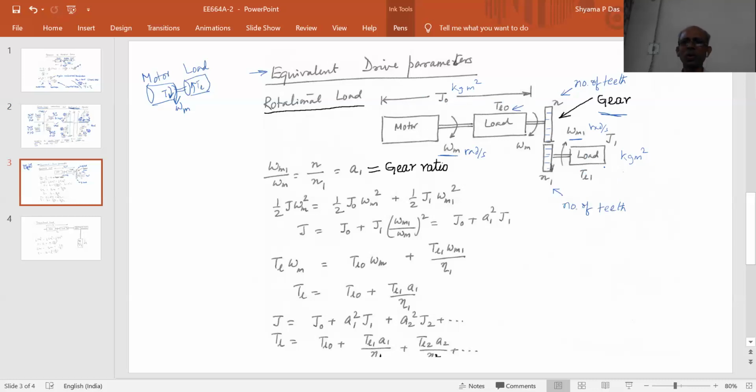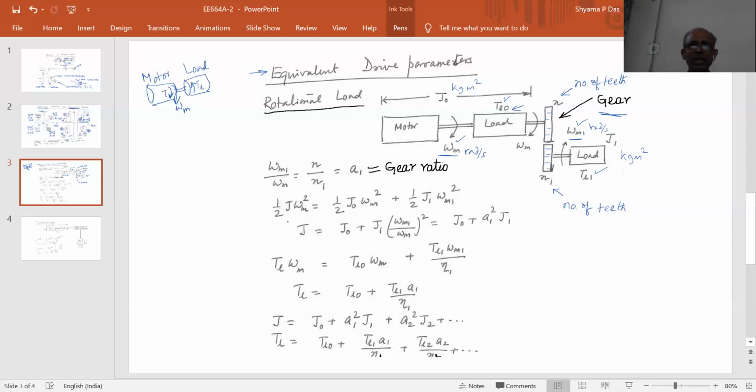Now, the motor is driving the load TL0 and also driving this load TL1, and the two speeds are different. The motor speed is omega m and the load 1 speed is omega m1. So what is the equivalent inertia seen by the motor?